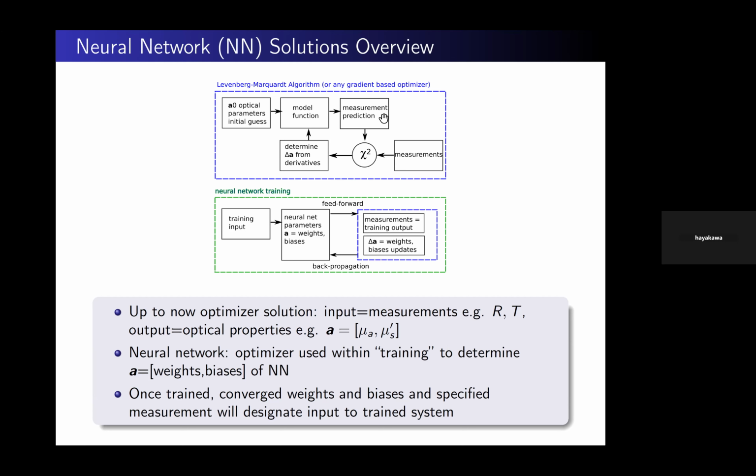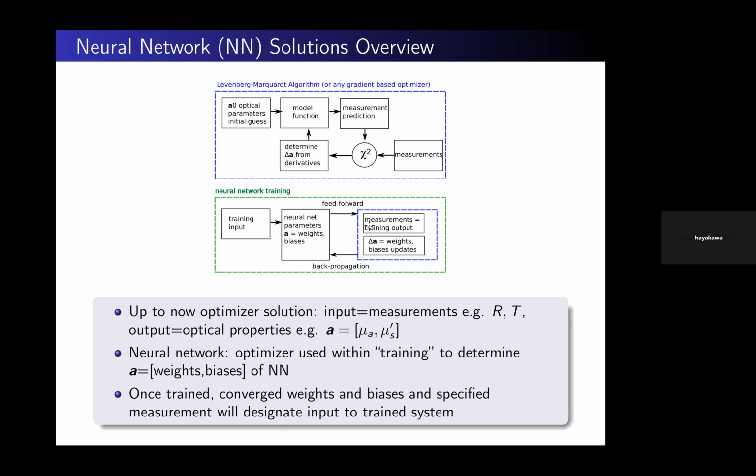So before, we had this Levenberg-Marquardt: you have an initial guess, you have a model function, you have your measurement prediction, you put it into the chi-squared with your measurements, and then you determine an update. This is all with the goal of finding optical properties. In a neural net, Levenberg-Marquardt is often, not always, but often used as a portion of the neural net.